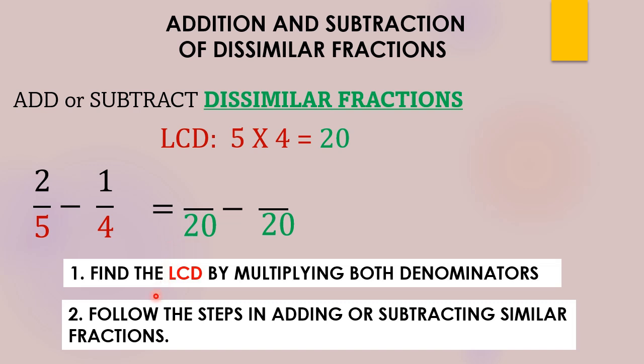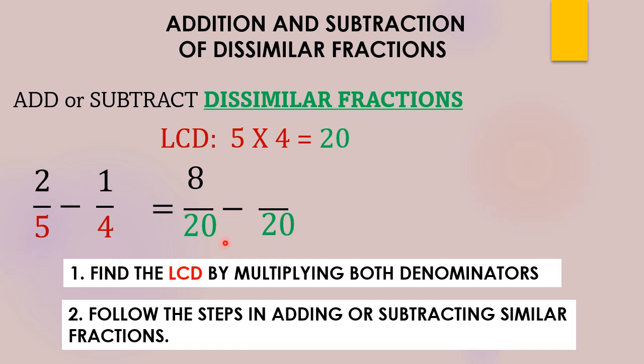And then to get the numerator of each fraction, we divide 20 by 5. 20 divided by 5 is 4, times 2 will give us 8. So 8 over 20, if we reduce this to lowest term, will give us 2/5. And then the next fraction is 1/4.